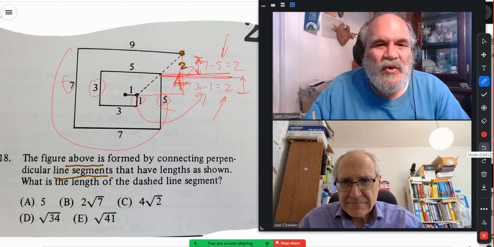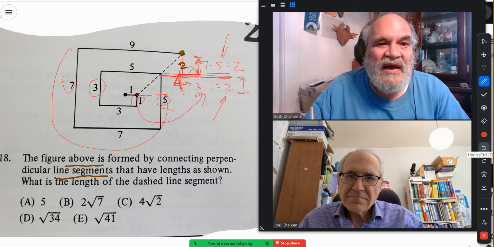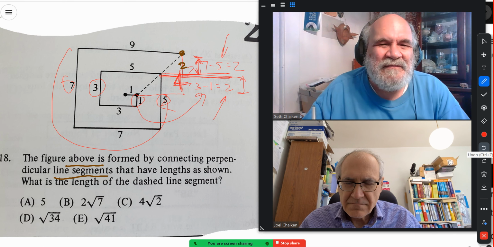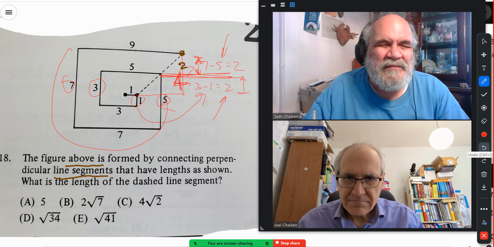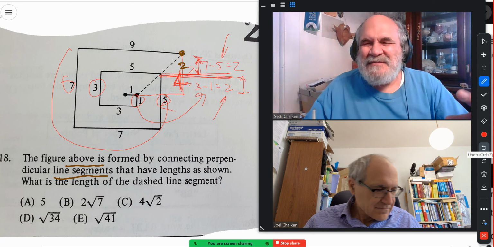What I did was drop the perpendicular from the brown dot and the horizontal from the other brown dot, and I had forgotten that the line that I drew, I had forgotten that I added it.